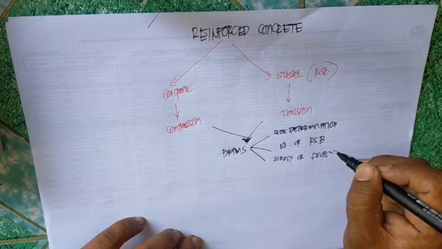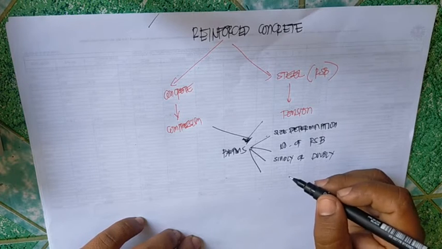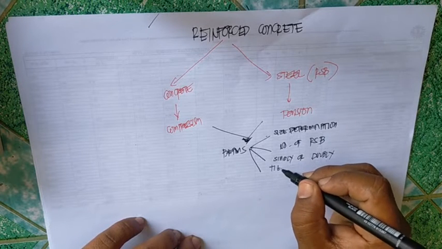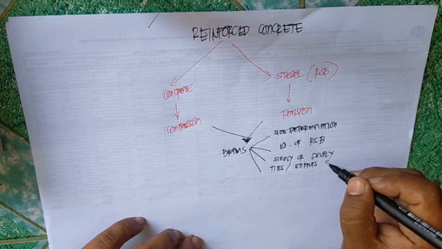What else we can have here: the ties, stirrups, spacing.